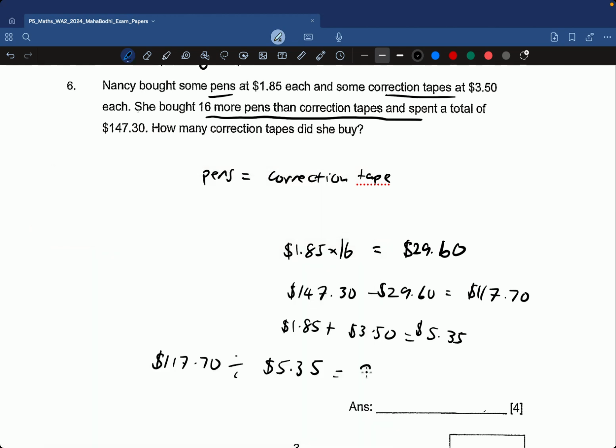And this will give us 22. Oh, sorry, no need to divide further. So the answer is actually just 22 itself.